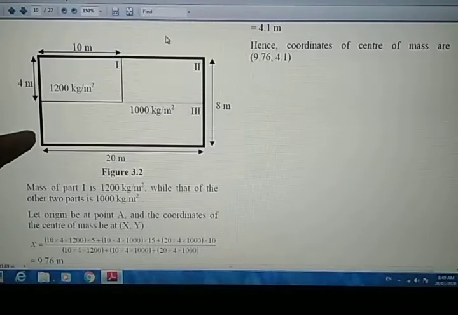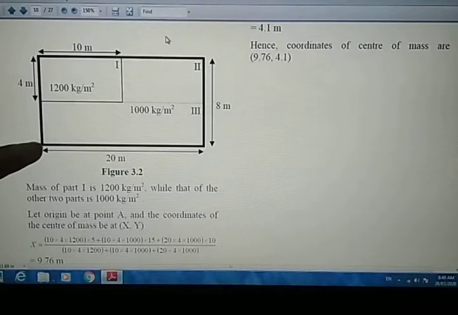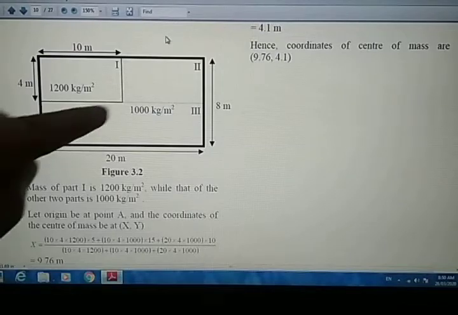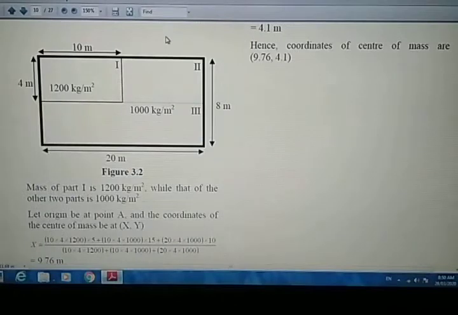So we are assuming the origin here, and suppose this is a capital A having coordinates x and y, which will be present anywhere in this section.